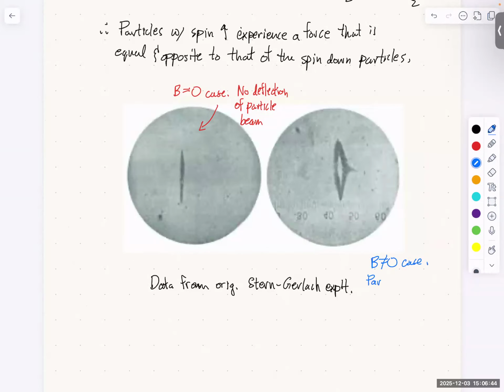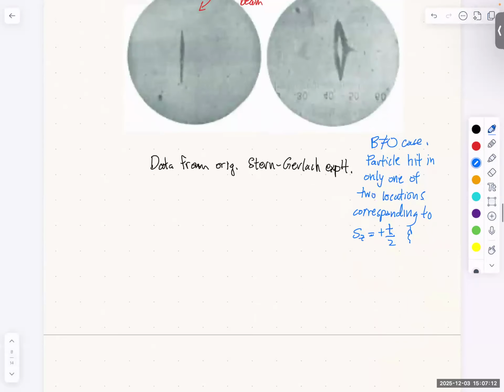Particles hit in only one of two locations, corresponding to Sz equal to plus h bar by 2 and Sz equal to minus h bar by 2.